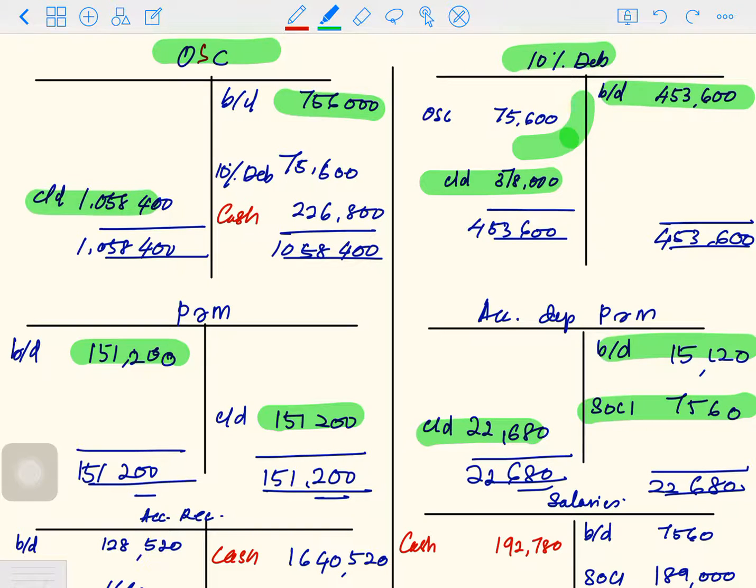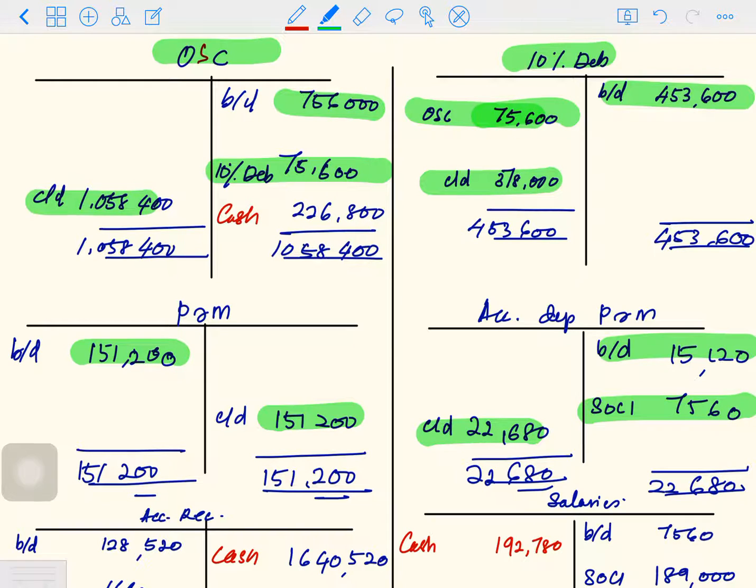Okay, 75600. That is due to conversion. It has been converted into OSC kan. So maknanya dia dah transfer benda ni ke dalam OSC. Debit debenture, credit OSC kan.